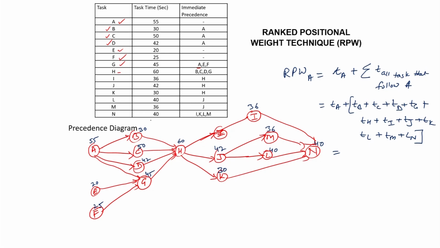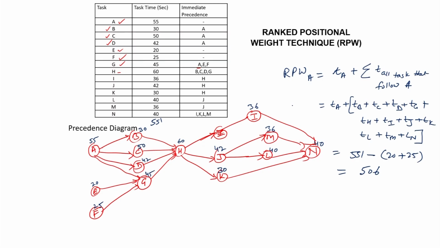Or the other way around, I can do: 551 is the total time. Out of that, I can take 551 minus 20 plus 25. So, that gives me a number which is 506. So, 506 is the RPW of element A.